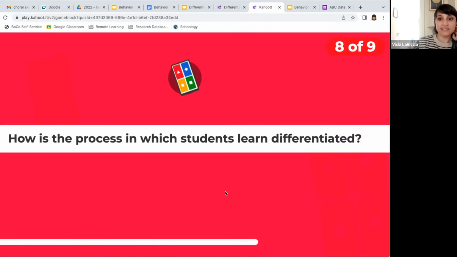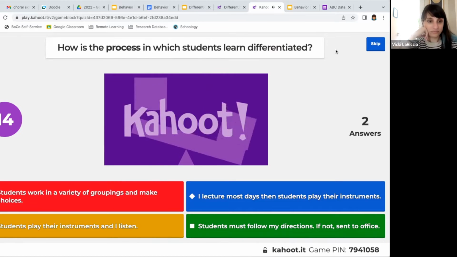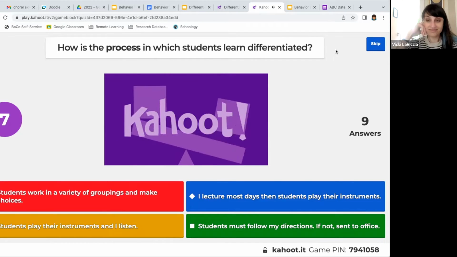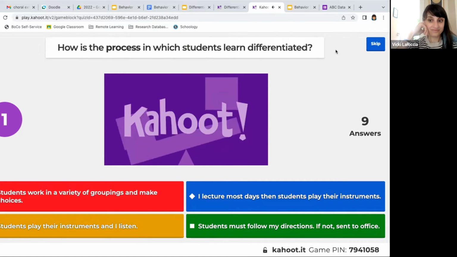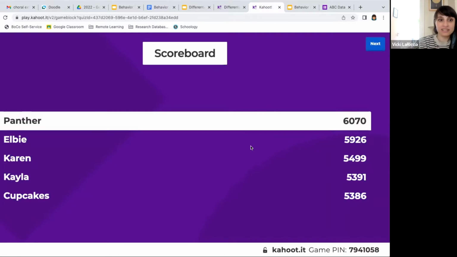How is the process in which students learn differentiated? All right, yeah, variety of groupings and allow students to make choices. And last question.